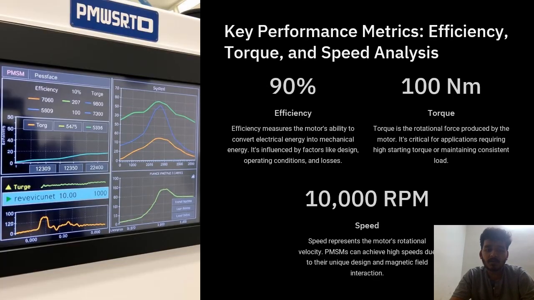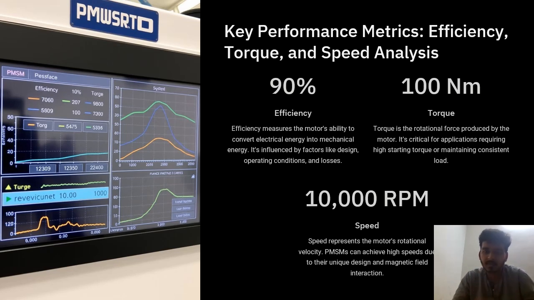Now coming to key performance metrics: efficiency, torque and speed analysis. Efficiency of 90% measures the motor's ability to convert electrical energy to mechanical energy. It is influenced by factors like design, operating conditions and losses.